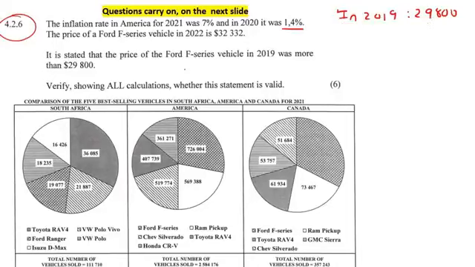Then the year 2020 arrives, and the inflation rate is 1.4%. So that means that this price needs to increase by 1.4%. I've seen many different formulas that teachers like to use. I'm not going to force you to use a specific method, but you need to increase this price by 1.4%.